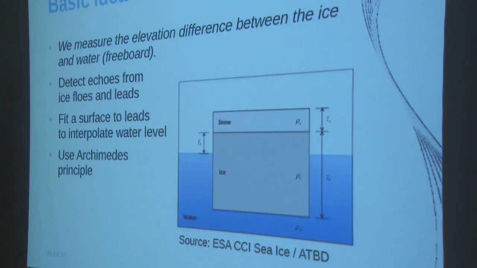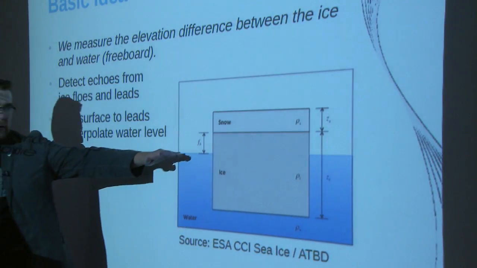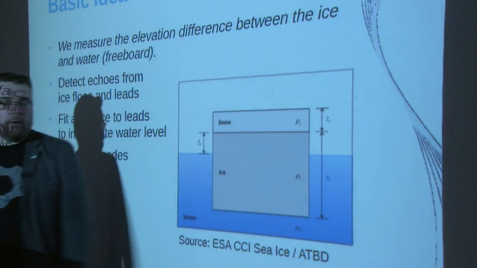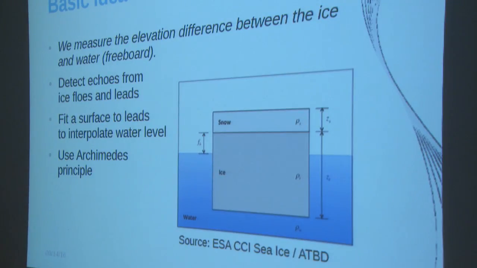So if only we could differentiate the elevation measurements that originate from water and the elevation measurements that originate from the upper surface of ice, we could just take the difference of the two, say that's freeboard, and use the Archimedes principle to calculate the thickness. And this is the basic idea. This is how we do it.